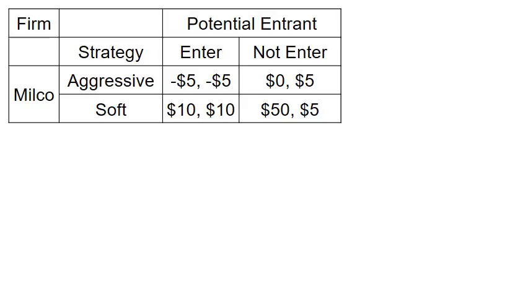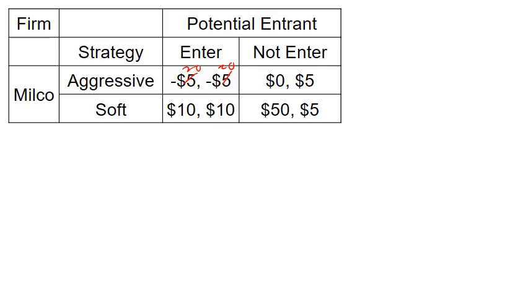Now what would happen if the government imposes a $15 tax on all profits for all firms that are in the industry? Well, if a potential entrant enters, that means both it and Milko will be in the industry. So both these profits are going to be reduced by $15. It'll be minus 20, minus 20.